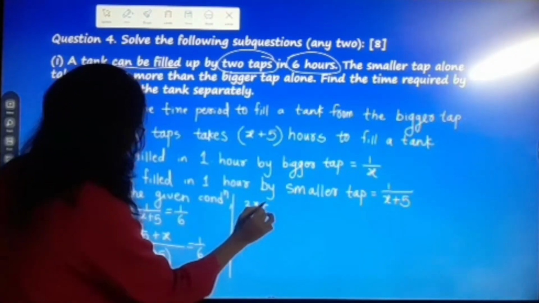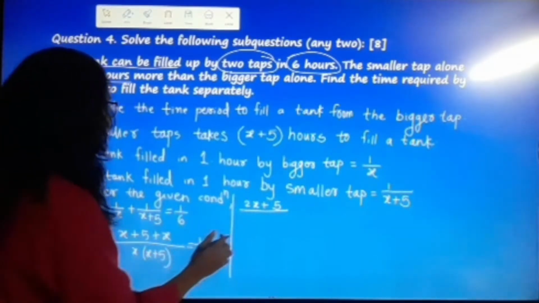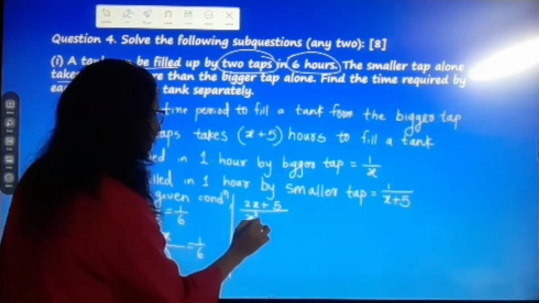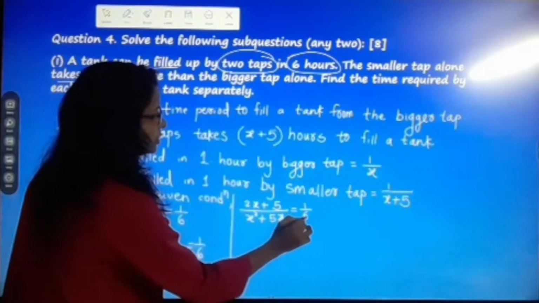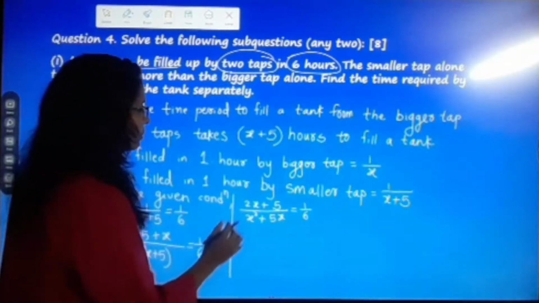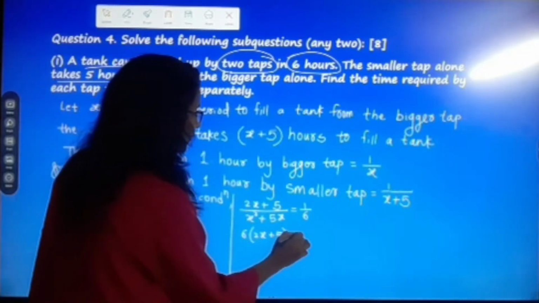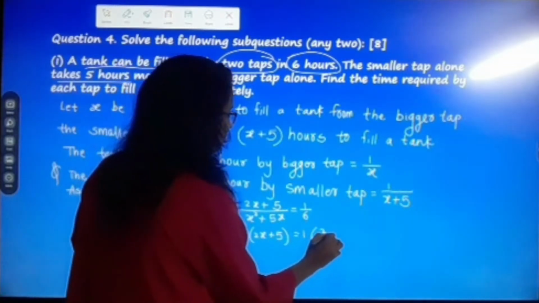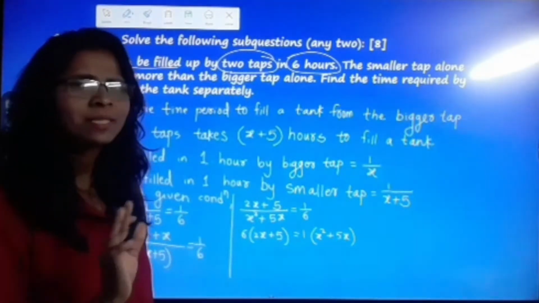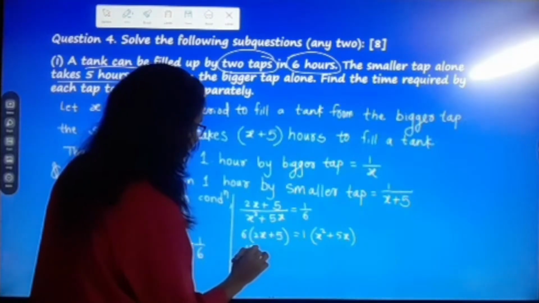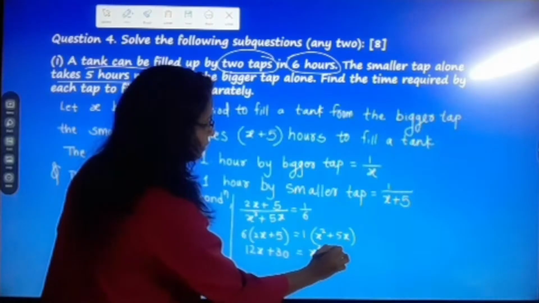So x plus x is 2x plus 5, and x multiplied by x plus 5 is x square plus 5x, equal to 1 upon 6. Then again cross multiplication: 6 multiplied by 2x plus 5, and 1 multiplied by x square plus 5x. Here 12x plus 30 is equal to x square plus 5x.